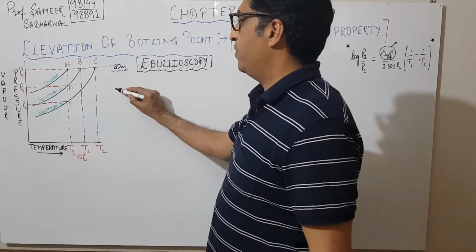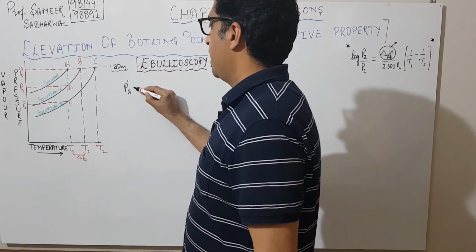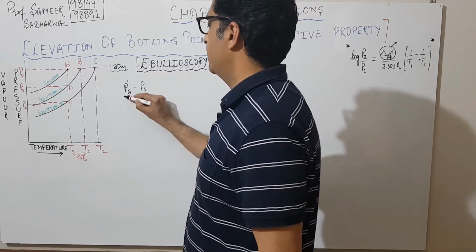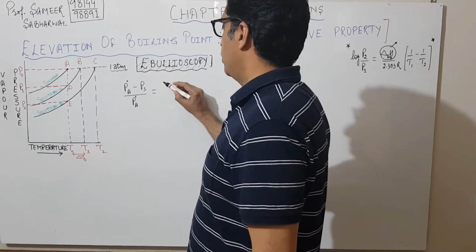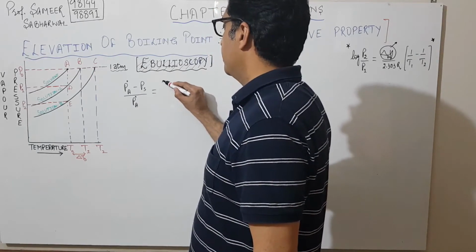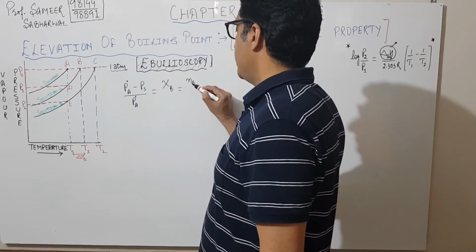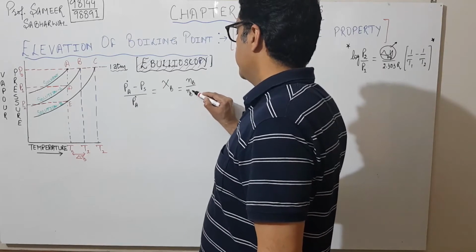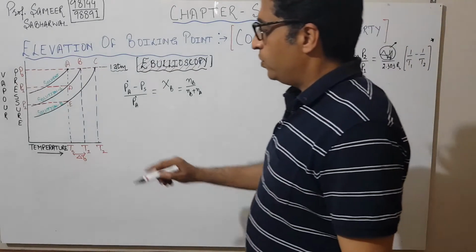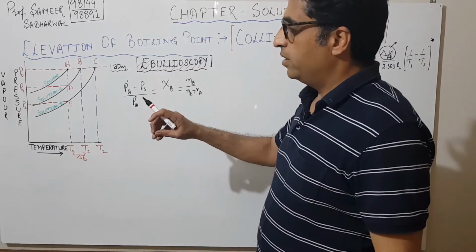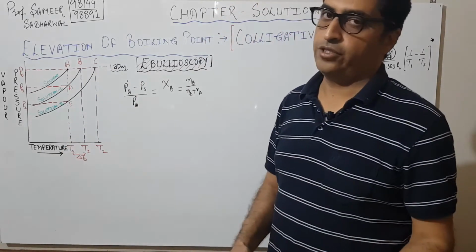If we want to recall that, we know that P naught A minus PS over P naught A is equal to XB, which is equal to NB over NB plus NA.